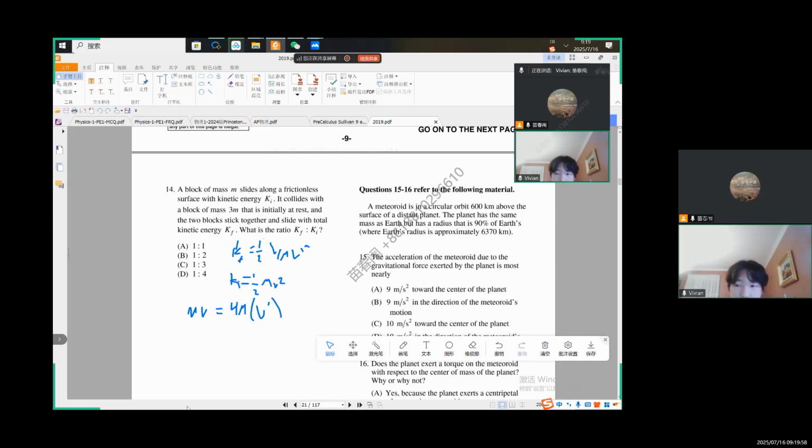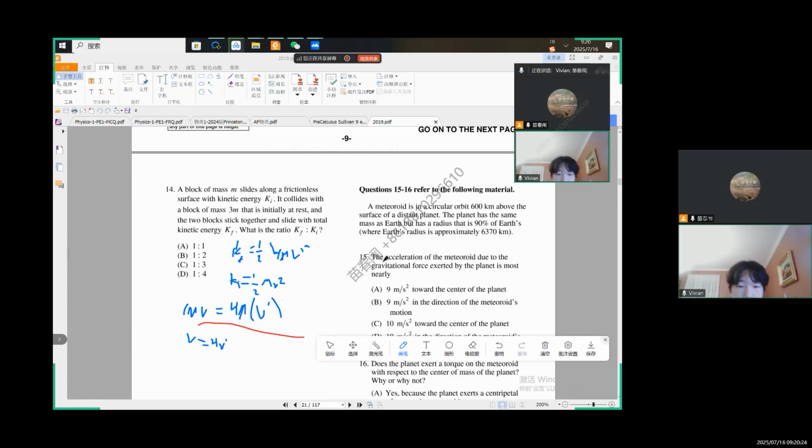Can we get the v? But this one you can deduce something. This equation, you can deduce the v and v prime relationship. Oh wait, yeah, v equals 4 v prime.